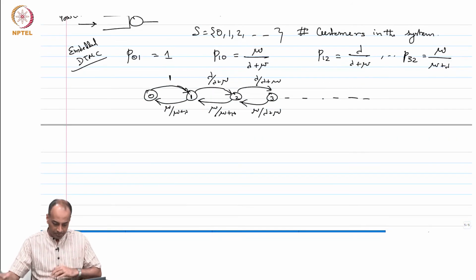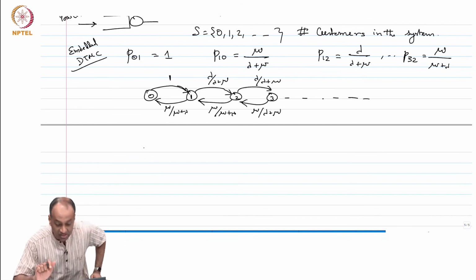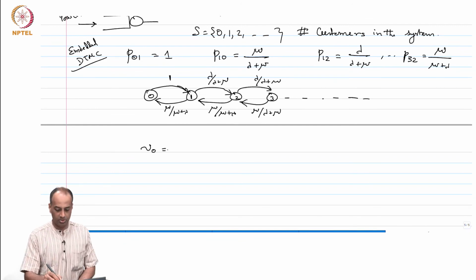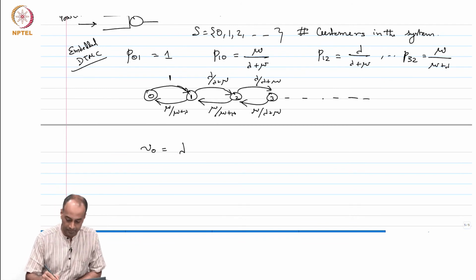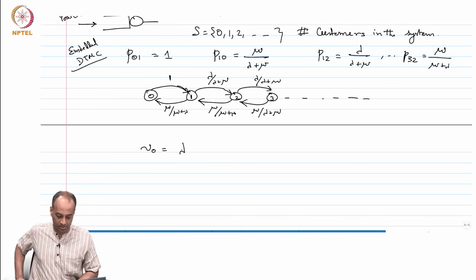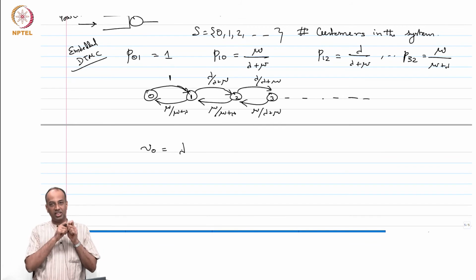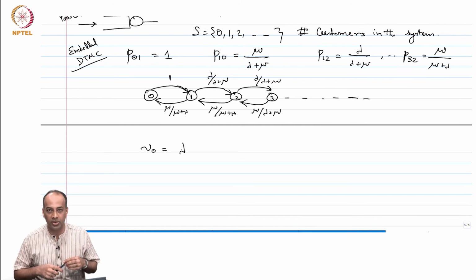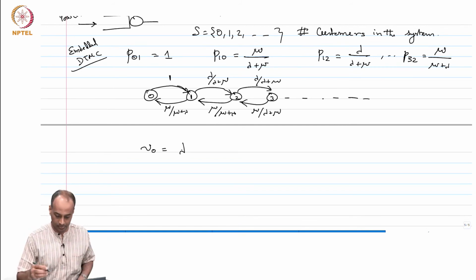If you look at this nu, if I am in state 0, nu 0 is simply lambda, because if I am in state 0, I am waiting for a new customer to come in. So, what is the amount of time I wait until a new customer comes in to an empty system? It is exponential with parameter lambda, correct. So, the rate at which I transition out of state 0 is lambda.